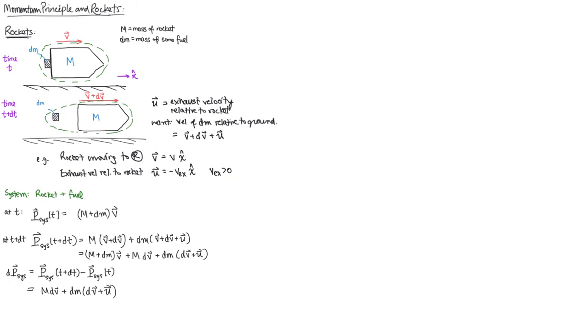Okay, and so we can expand this out. M dv plus dm u plus dm dv. And notice that we have terms that are first order in small quantities, like dm is a small quantity, dv is a small quantity, and then we have these terms that are second order in small quantities.